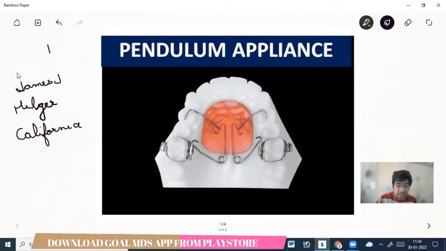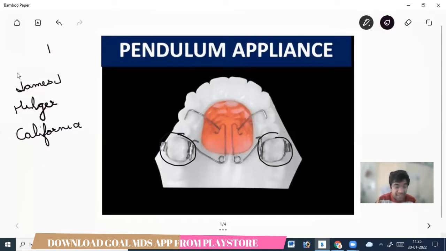That is the first question that usually comes to your mind. So what it does is it uses force to distalize the upper first molar to create space for eruption of the third molar, for correction of the class 2 malocclusion.